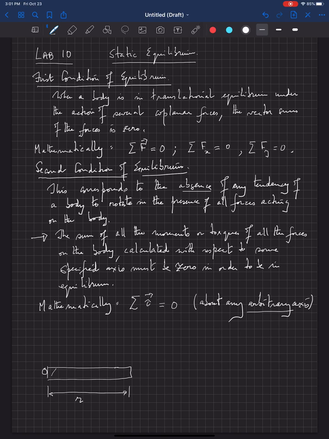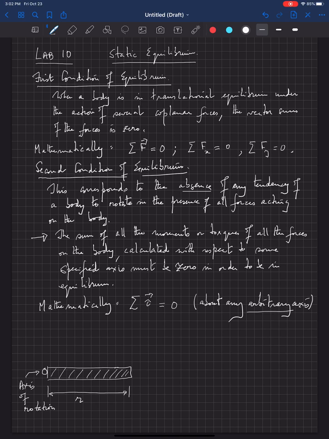Okay, this is the door, giving the top view of the door. So the axis, the wall to which it is attached and the axis about which it rotates, is perpendicular to the page. All right. And so I'll say this is the axis of rotation.